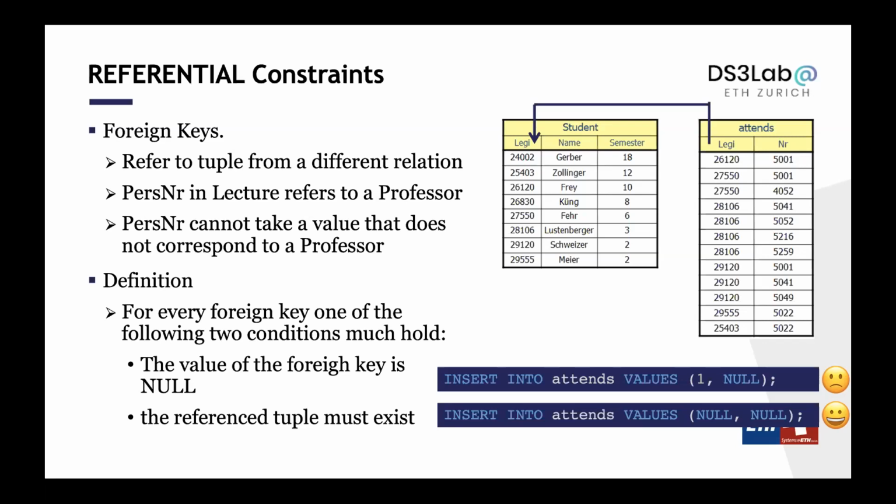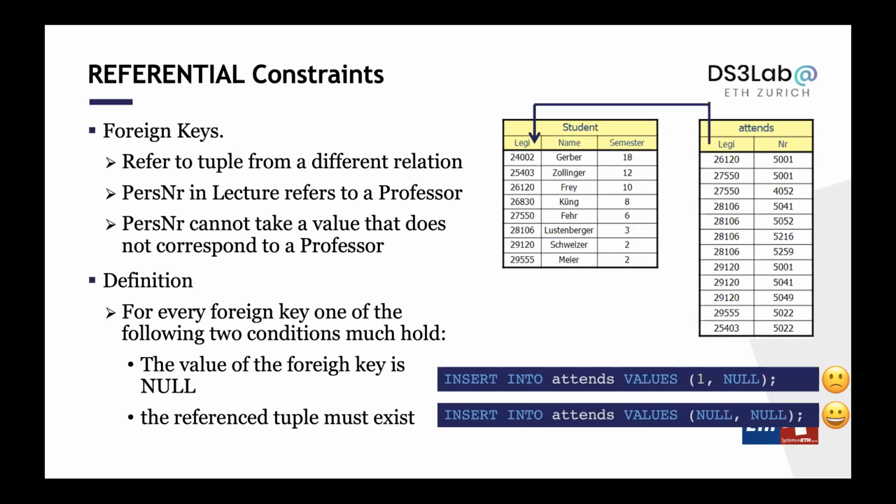But how can that value even be in a table, because the table needs a key, and the key has a not null requirement, right? That's a very good question.